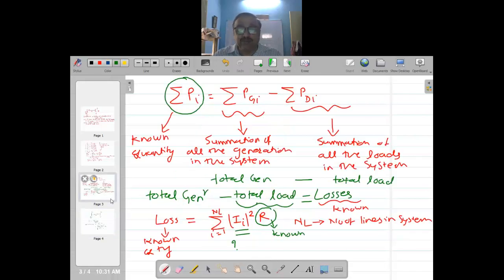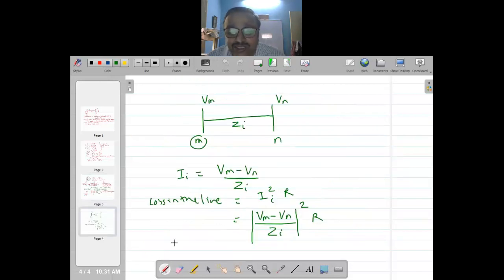And our claim is that we know the total loss, so we know sigma Ii square into R. Here is the problem: we are saying that we already know the loss, but how can we know the loss when I don't know Vm and Vn? These are unknown quantities. The voltages are unknown.